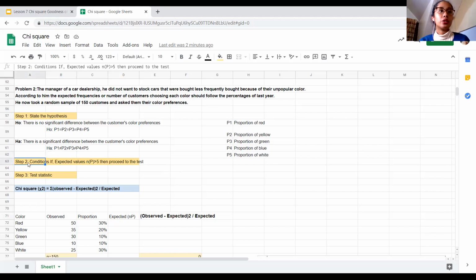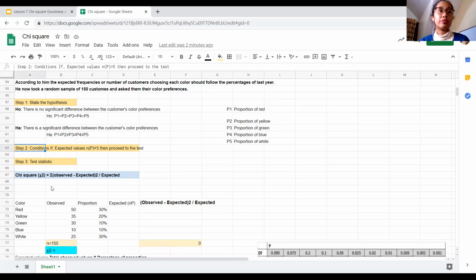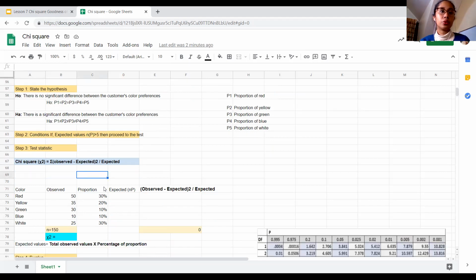Check conditions, check if the expected values, your total samples times the proportion, is greater than 5. So to get your expected values, class, according here in our table, si manager, nakuha niya lang yung proportion from last year.